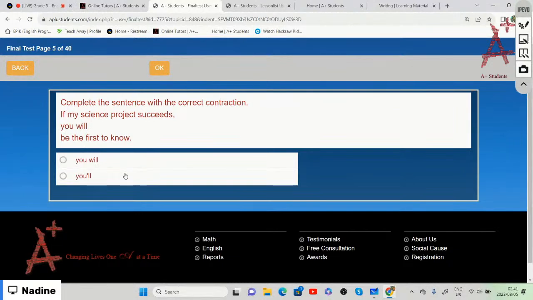Let's do two more. If my science project succeeds, you will be the first to know. So you will, is it you'll or you? We need to choose the correct contraction.